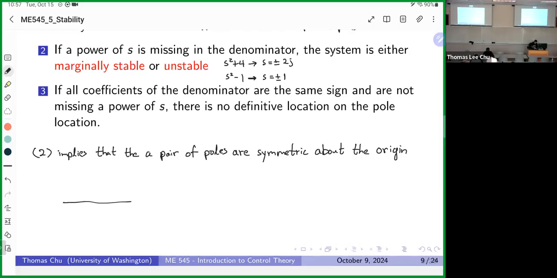So what that means is symmetry about the origin means you can have symmetry about the real axis, where we have a pole like that, like the s squared minus 1. So you have a plus or minus 1 symmetry on the imaginary axis.